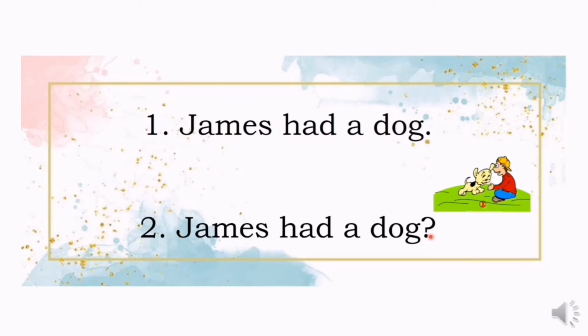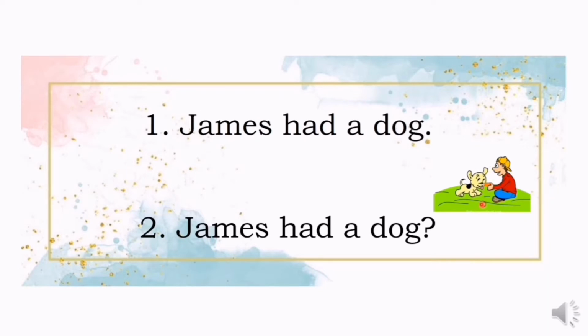Now, it's my turn. For the number 1 sentence, James had a dog. Number 2 sentence, James had a dog. What do you think is the difference between the two sentences?